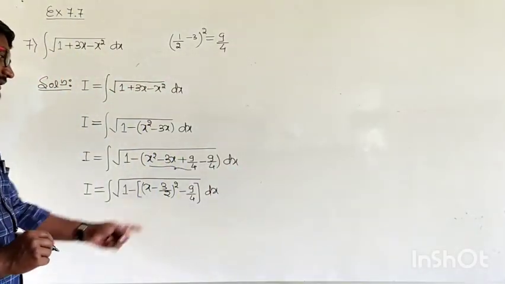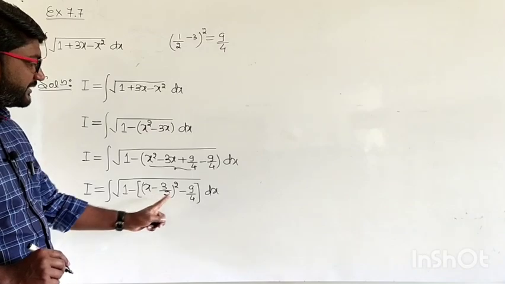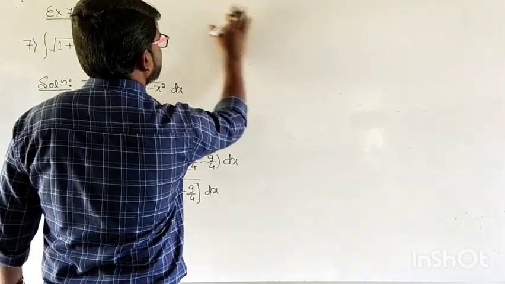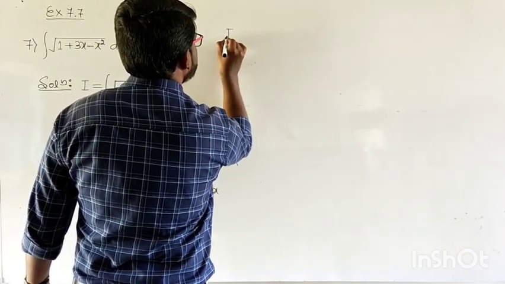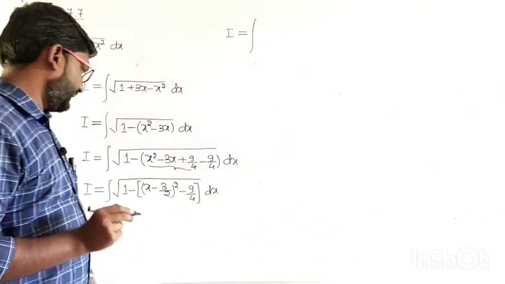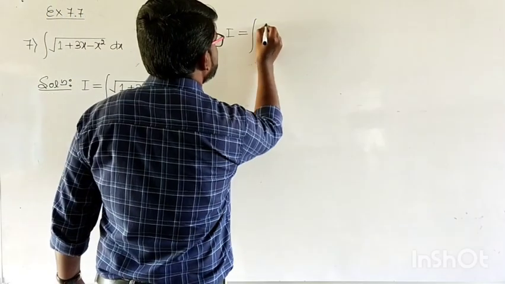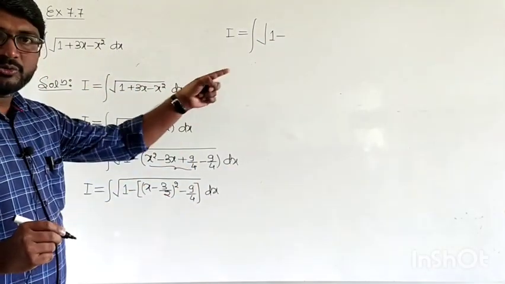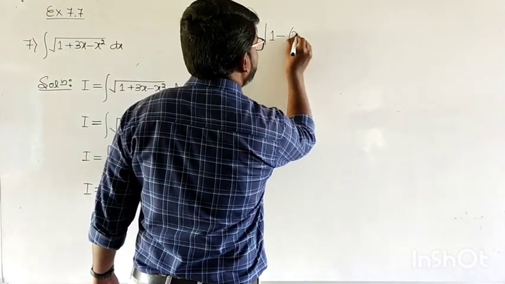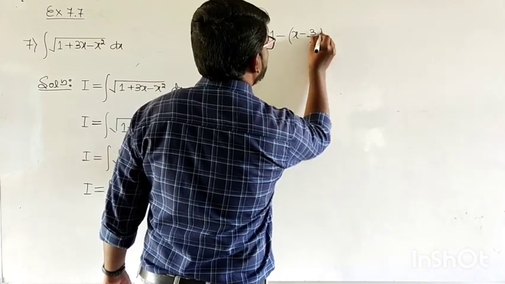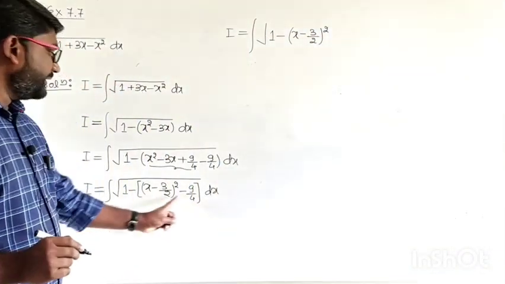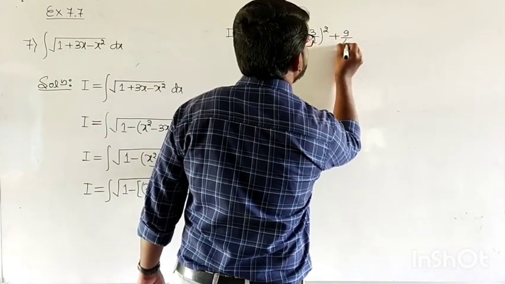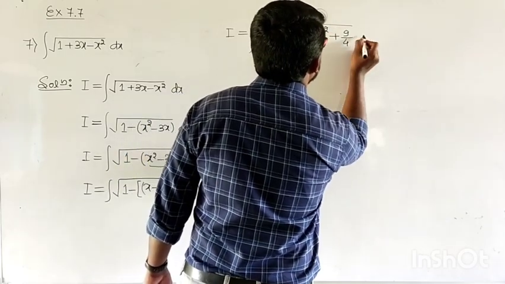Now in the next step, this minus will be multiplied to the first term as well as to the second term. So I is equal to the integral of the square root of 1 minus x minus 3 by 2 the whole square, then minus into minus is plus, we get 9 by 4, complete the square root, then dx.